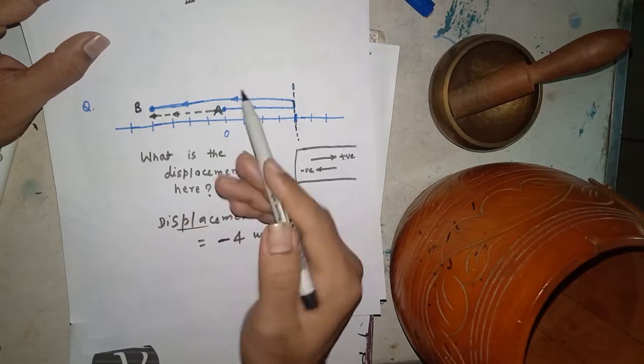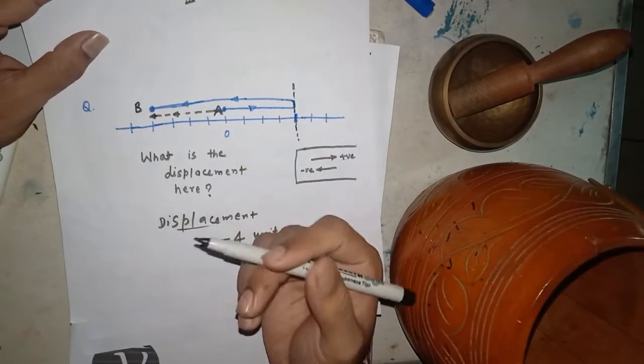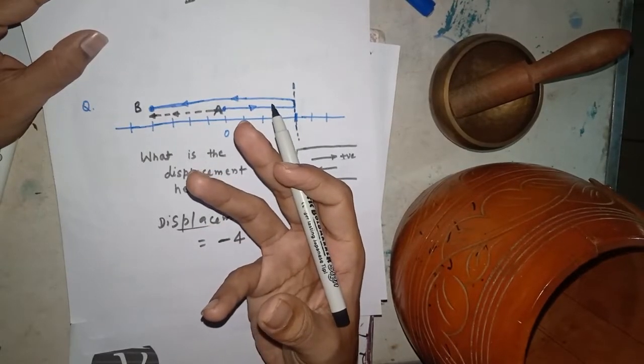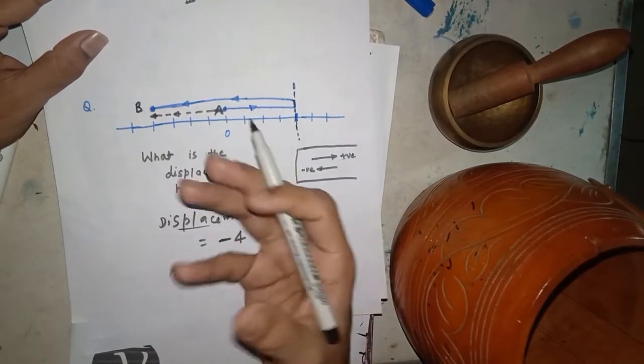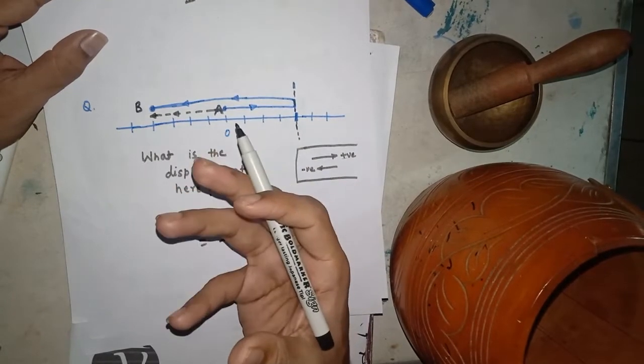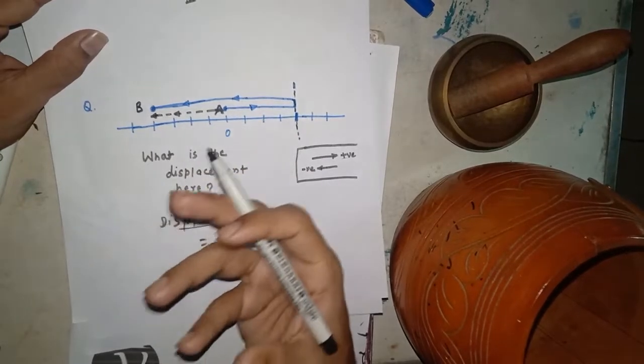Whatever the direction it has, it does not depend on direction. It does not bother about direction. It does not have meaning for direction. So distance is a scalar quantity. It is actually the total path length in the journey that is known as distance. Have you got my point?